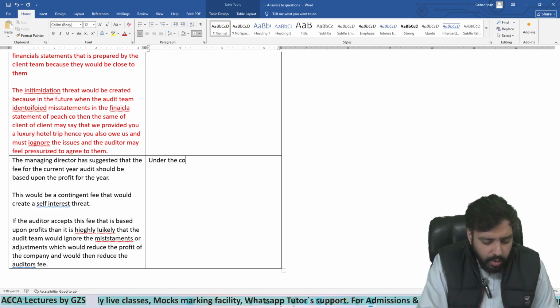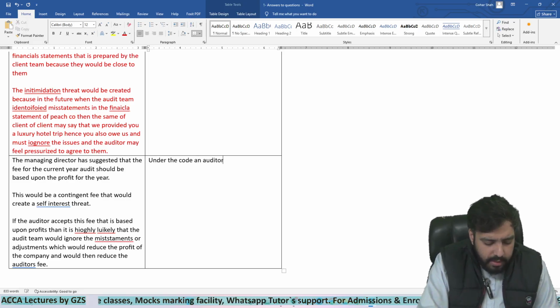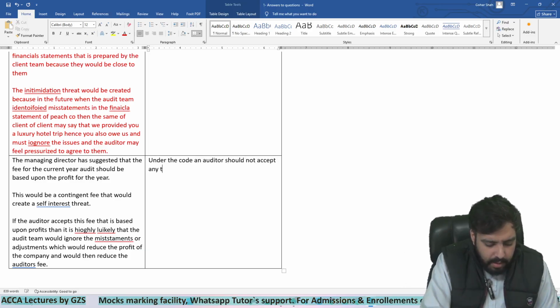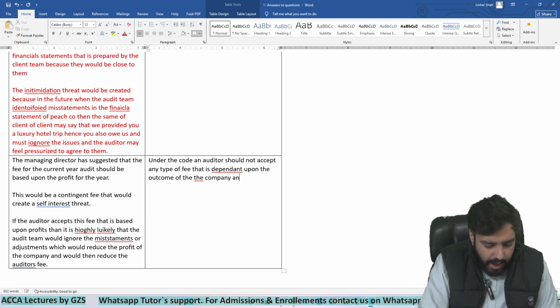Under the code, an auditor should not accept any type of fee that is dependent upon the outcome of the company and the profits of the company.